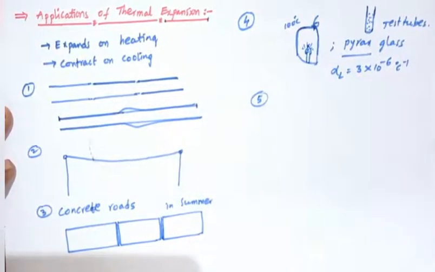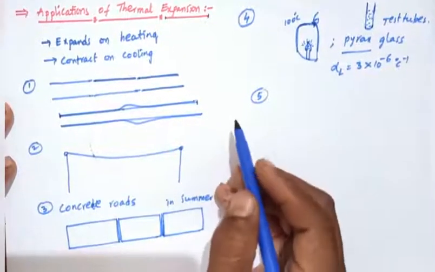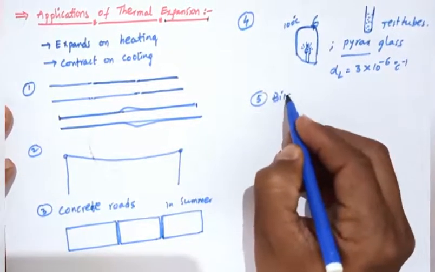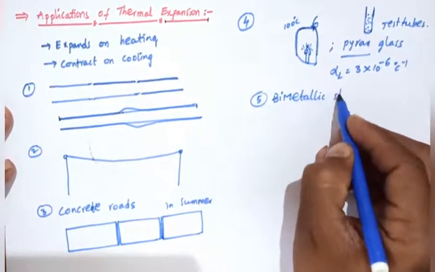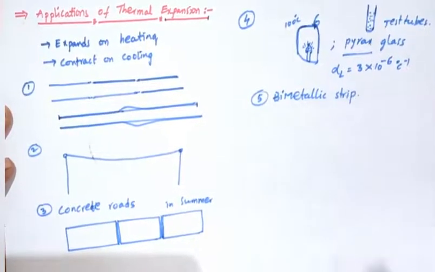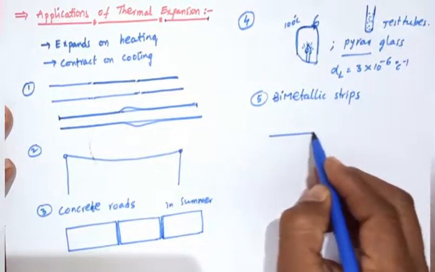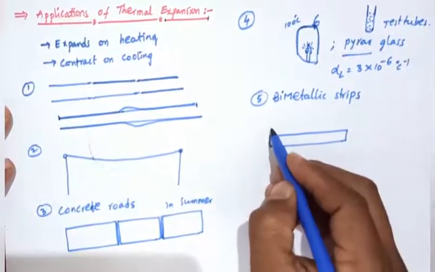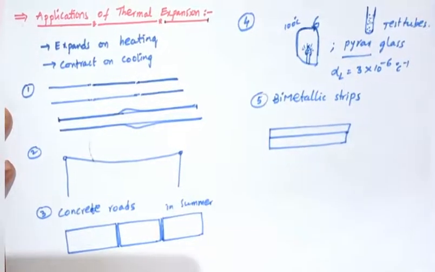And the fifth application of thermal expansion is bimetallic strips. A bimetallic strip is nothing but one metal strip connected with another metal strip.